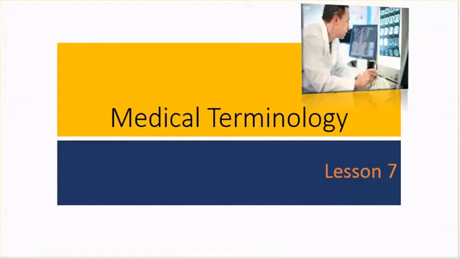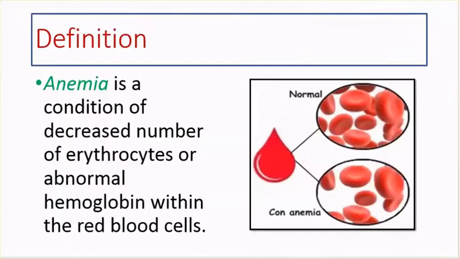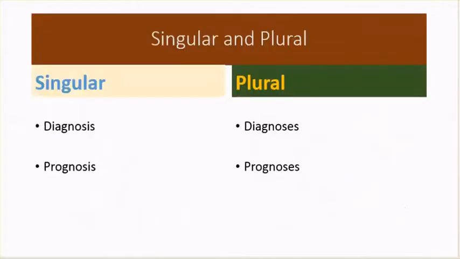Medical terminology, Lesson 7. Definition. Anemia is a condition of decreased number of erythrocytes or abnormal hemoglobin within the red blood cells. Singular and plural. Notice the spelling difference between these two words in the singular and plural.